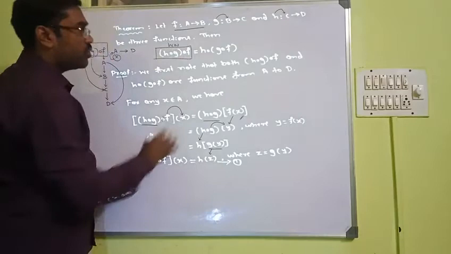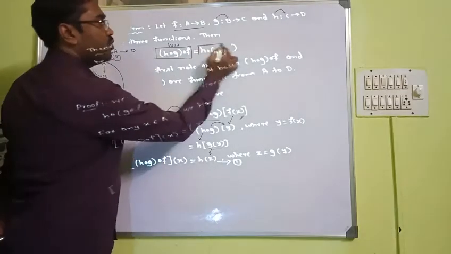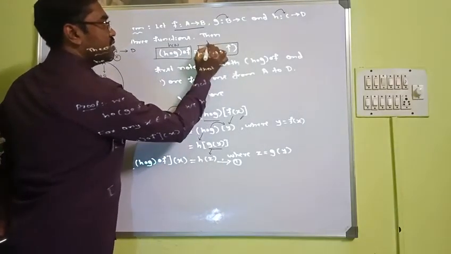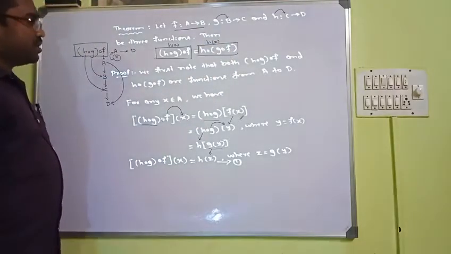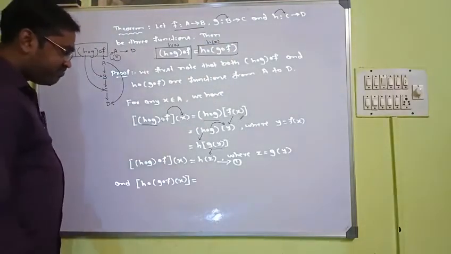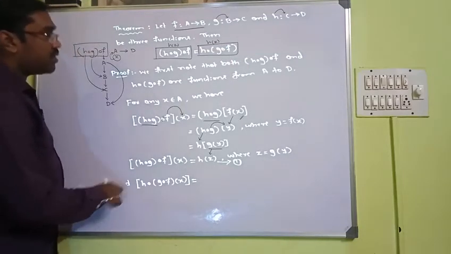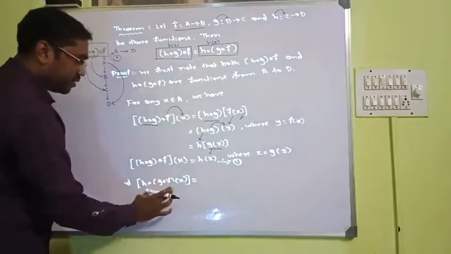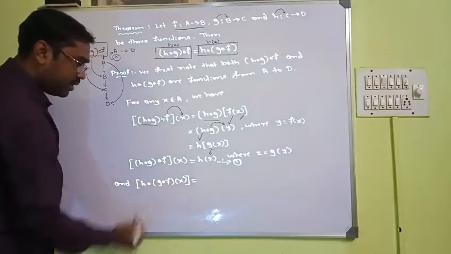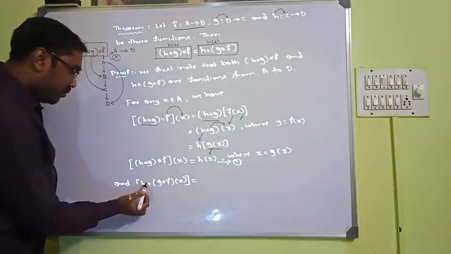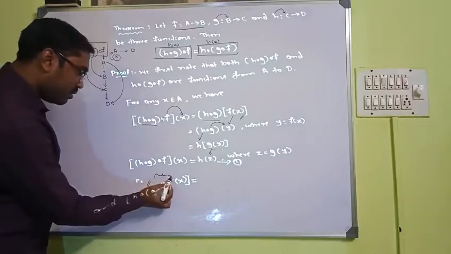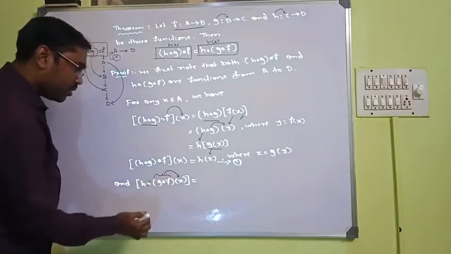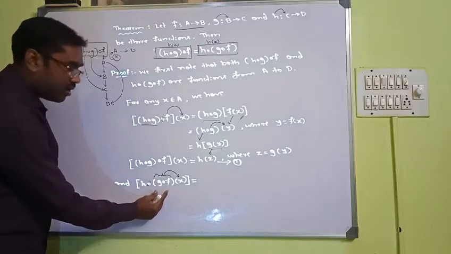Similarly, we prove this RHS is also h of z. We will prove now. Consider the RHS, applying on the element x. Now we remove this composition and we apply this on x, because this is associated.